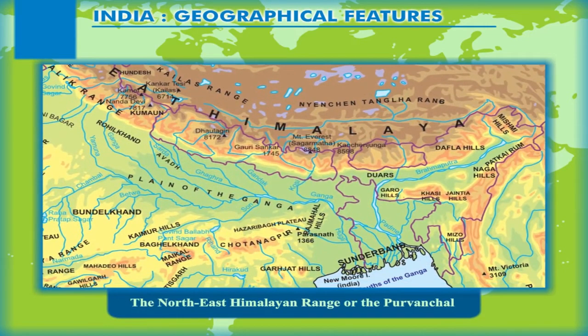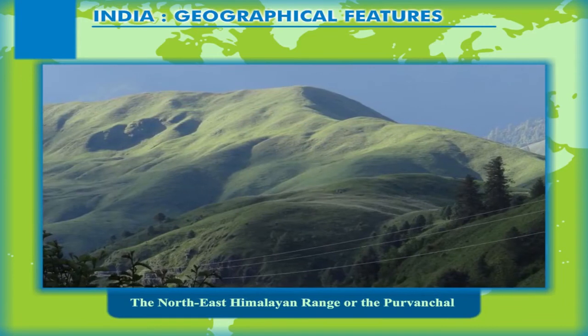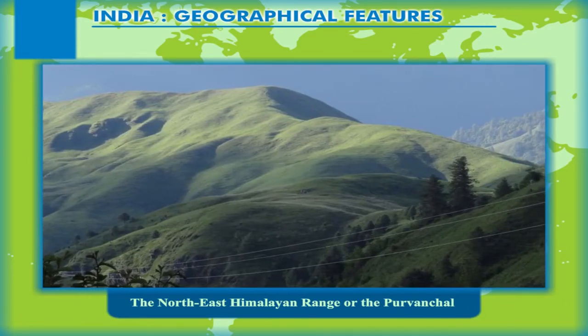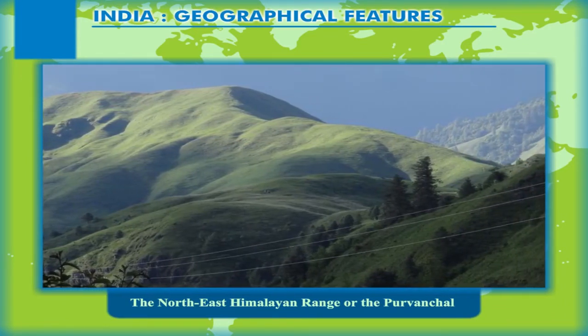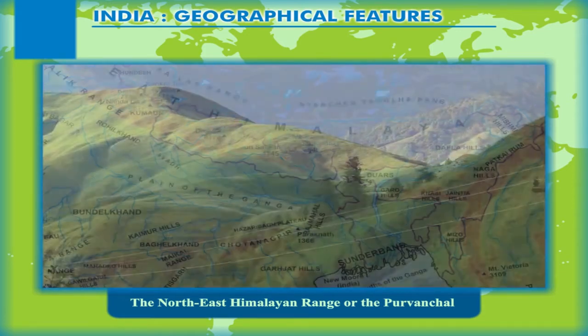The northeast Himalayan range or the Purvanchal. The Purvanchal hills form a boundary between India and Myanmar. Comparatively lower in altitude than the Himalayas, they are the northeastern extension of the Himalayas and stretch in a north-south direction.